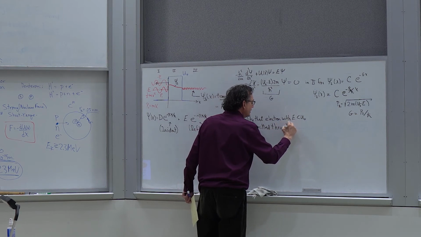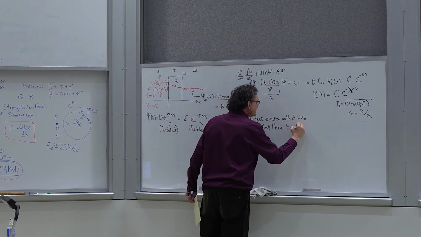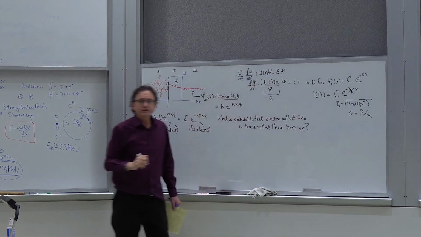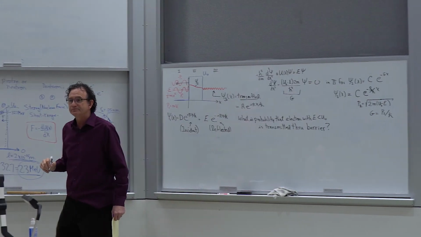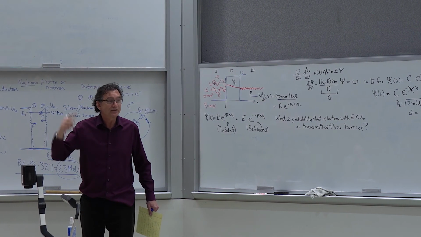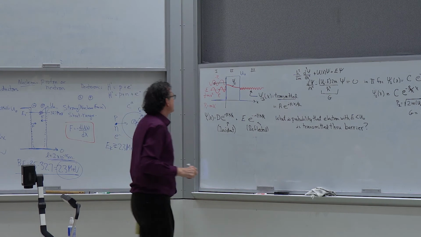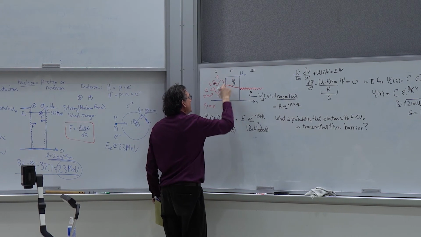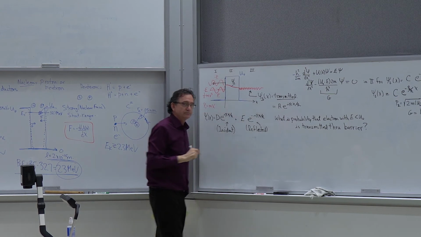Through the barrier, okay? We know that for the classical system, the probability is what? Zero. Zero, right. Classical system, the kinetic energy is less than the potential energy, can't make it through, nothing comes out. Right?